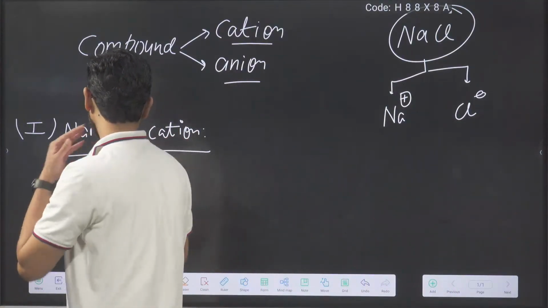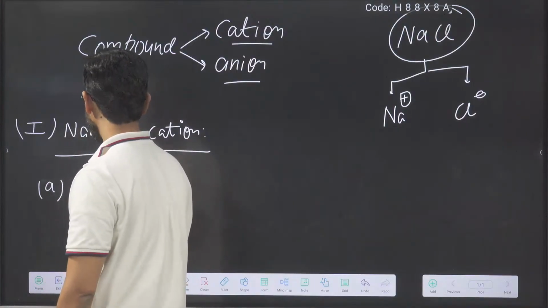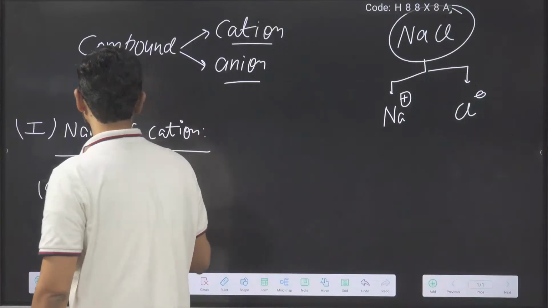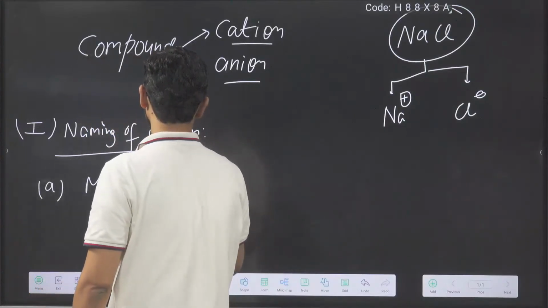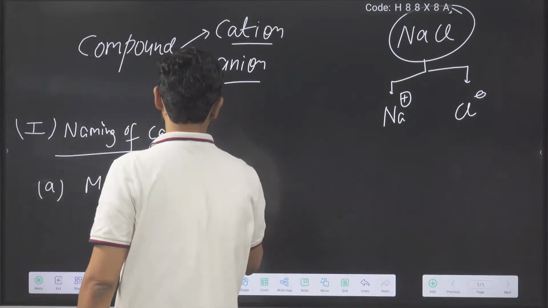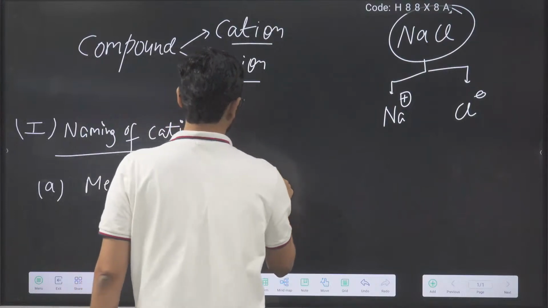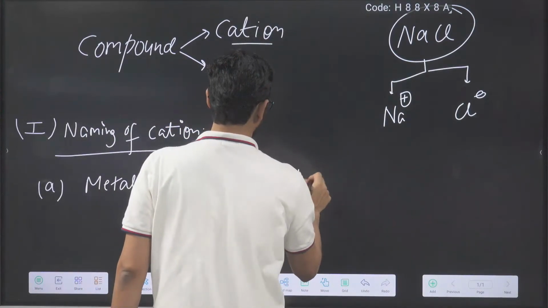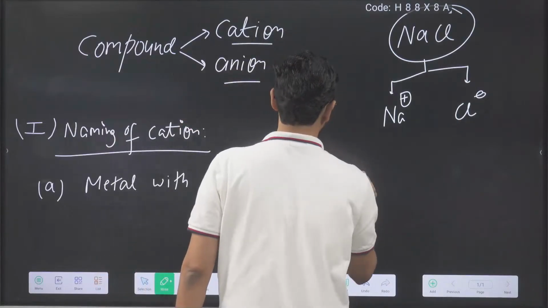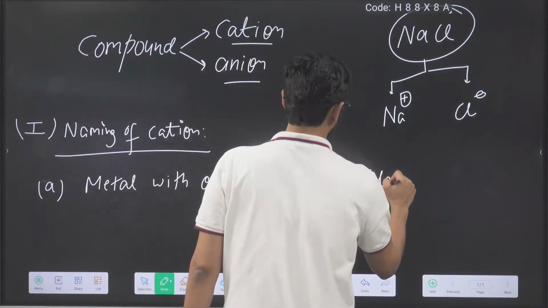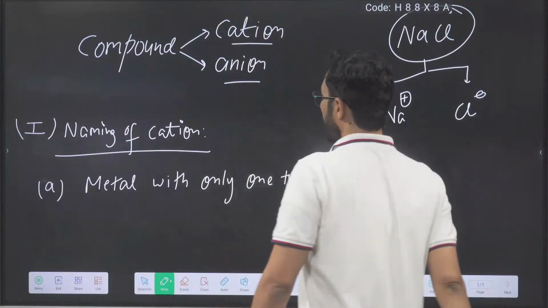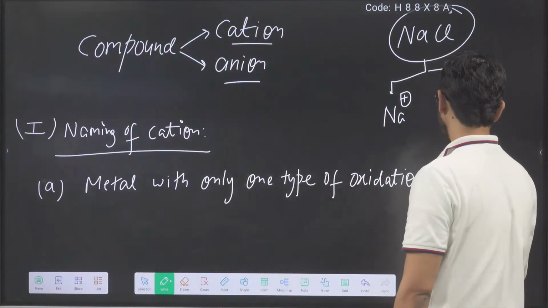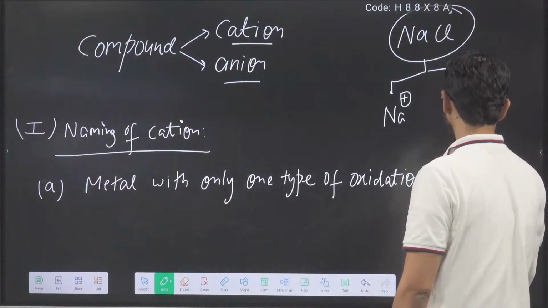In naming of cation, the first possibility is a metal cation with only one type of oxidation state or oxidation number.